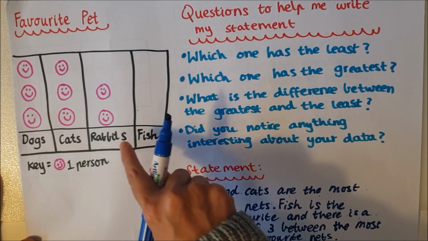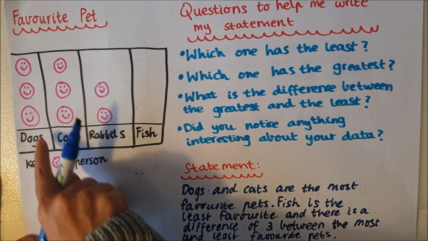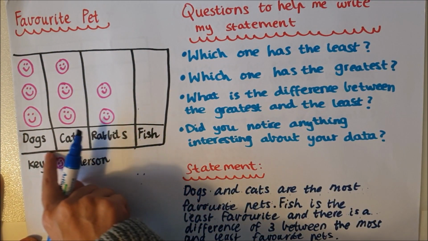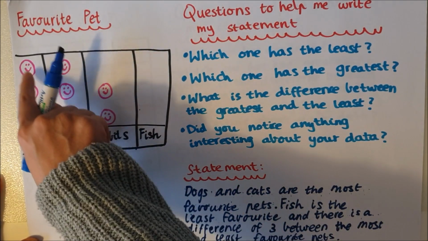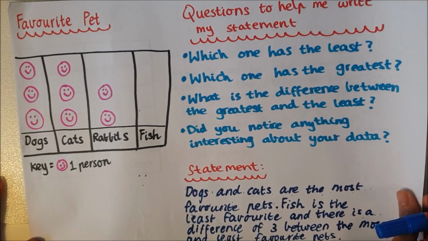Full stop. Now this is a pictograph, so that means you can see here is a key, so one smiley face equals one person. Okay, so that is the second challenge.